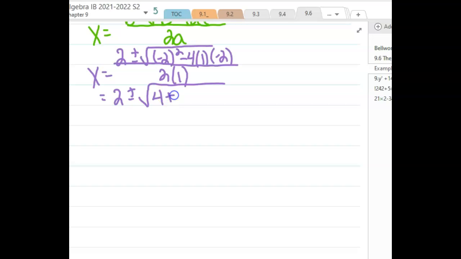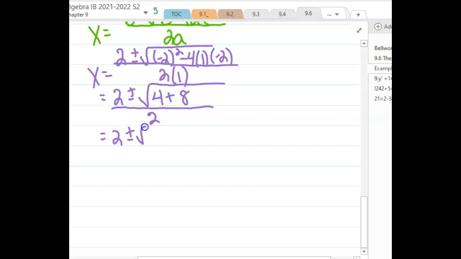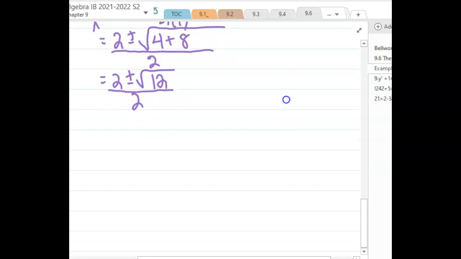It's going to be a positive because those two negatives are going to come together to create a positive. 4 times 1 is 4, times 2 is 8, all over 2 times 1 is 2. Okay, well, now I could add these together, so 2 plus or minus the square root. 4 plus 8 is 12 over 2.